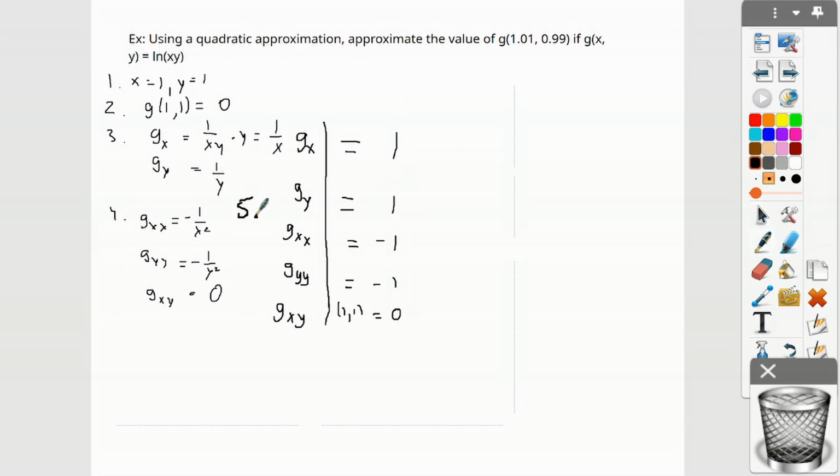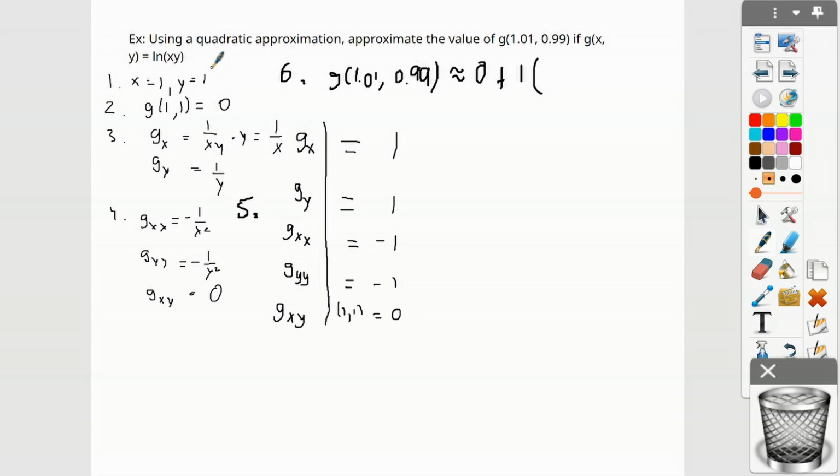Step 6 is let's start forming the function. So g of 1.01, 0.99 is approximately equal to g of 1, 1, which is 0, plus 1 times x minus x0.